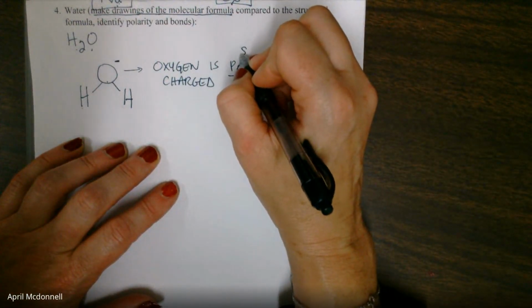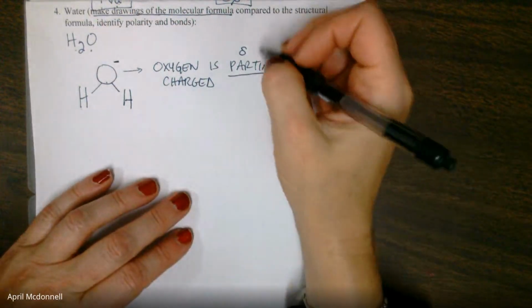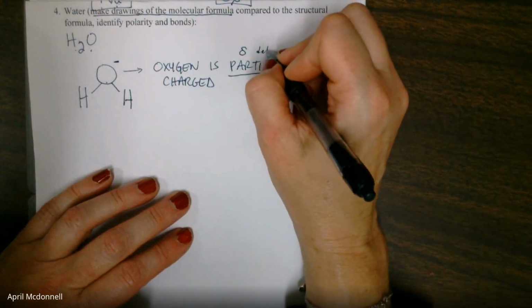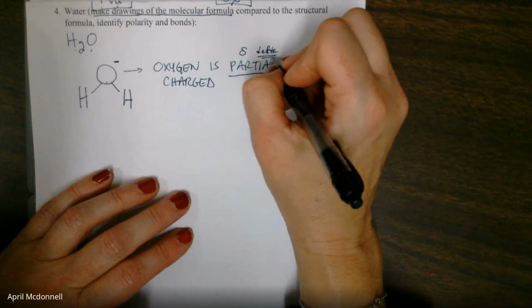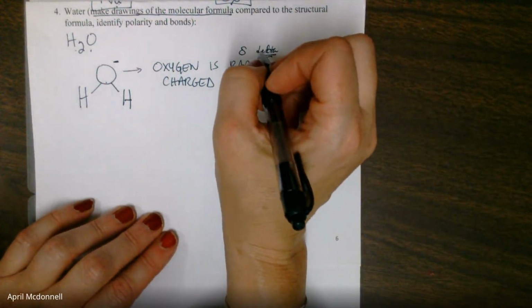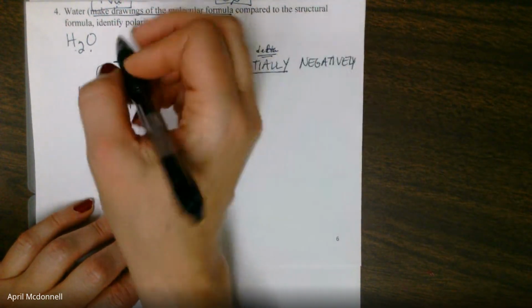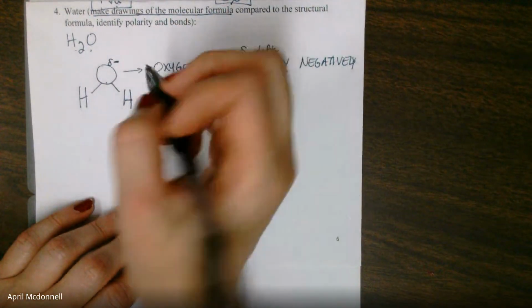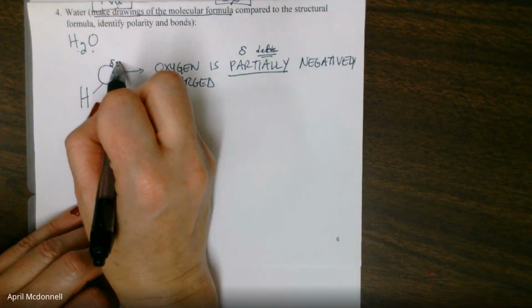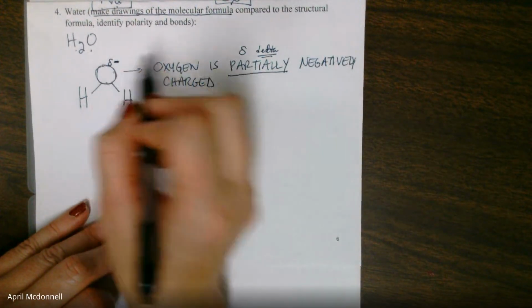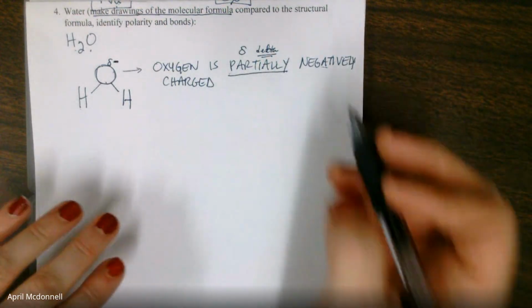And there is a little symbol that designates partially. This is a delta symbol from Greek symbols. So I'm going to put that delta symbol next to a little negative, and then I'm basically saying this oxygen atom is partially negatively charged. The reason oxygen is partially negatively charged is because oxygen is very electronegative. It loves electrons and will pull those negative electrons towards it.